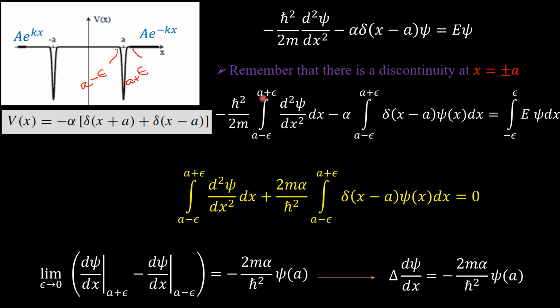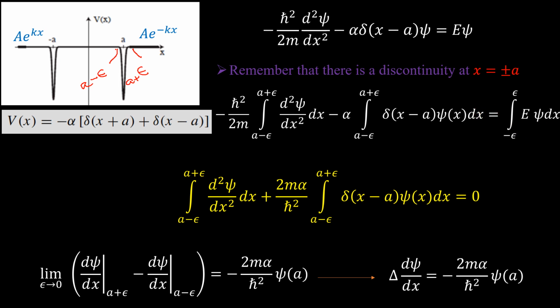So here you can integrate both sides. Minus h cross squared over 2m, integral between A minus epsilon and A plus epsilon, d2 psi over dx squared, equals, minus alpha, the integral between the limits A minus epsilon to A plus epsilon of delta of x minus a, psi of x. Then on the right-hand side you have the integration between A minus epsilon and A plus epsilon of E psi of x.